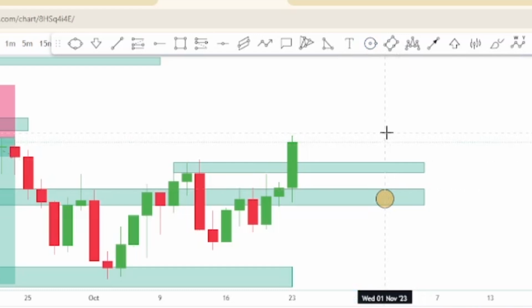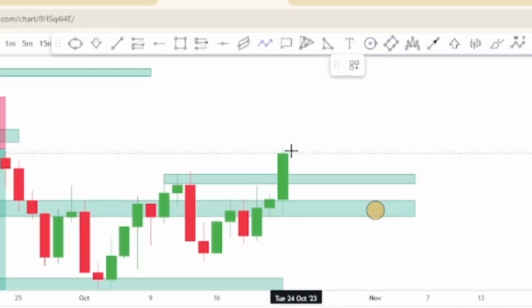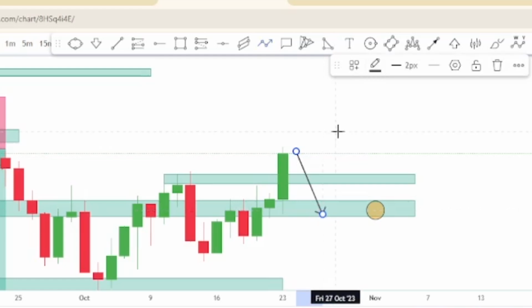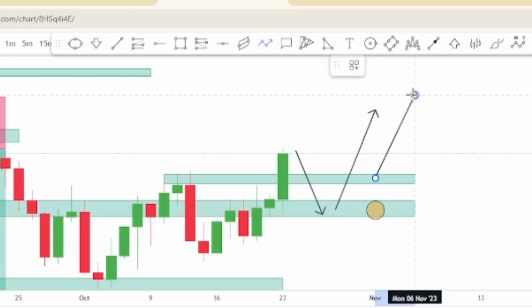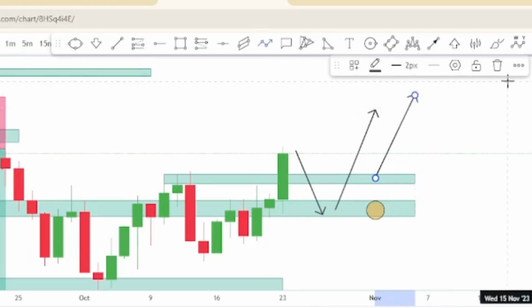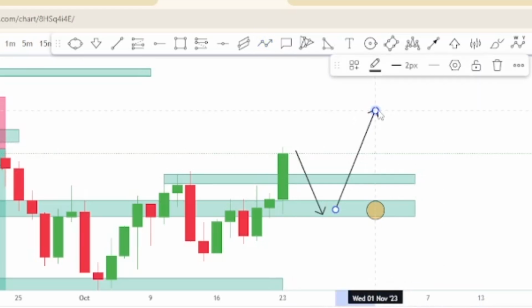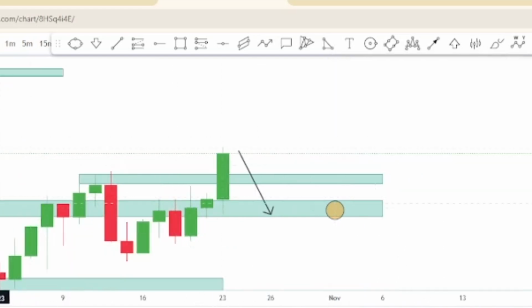That confirmation I'm looking for, when we get a pullback from this area, I will be looking for bullish candles, which are bullish engulfing, bullish harami, or a hammer, so that I can buy from this area or again from this area. So that's what I'm going to be looking for from those demand areas, which are also the neckline.